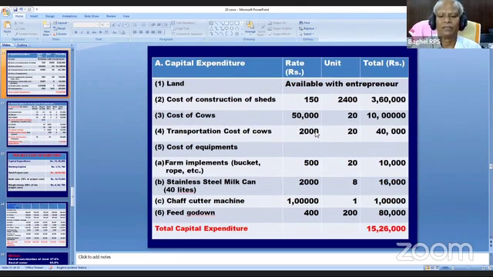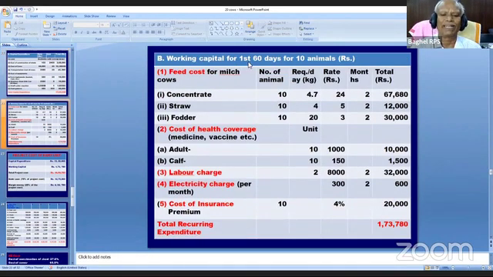Transportation cost, minimum 2,000 rupees. Then cost of equipments, already told, and cost of godown. So total capital expenditure for the 20 cows will be around 15,26,000.